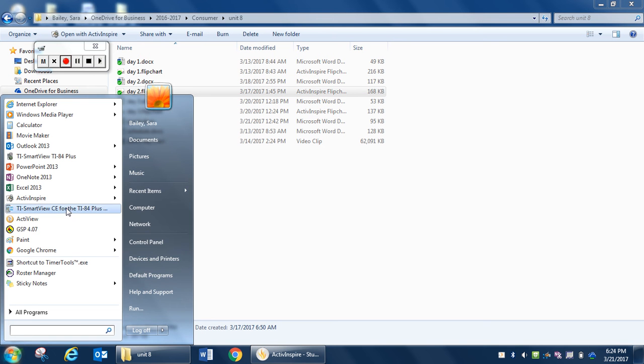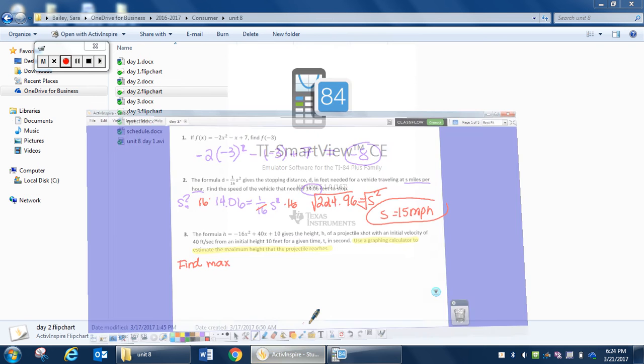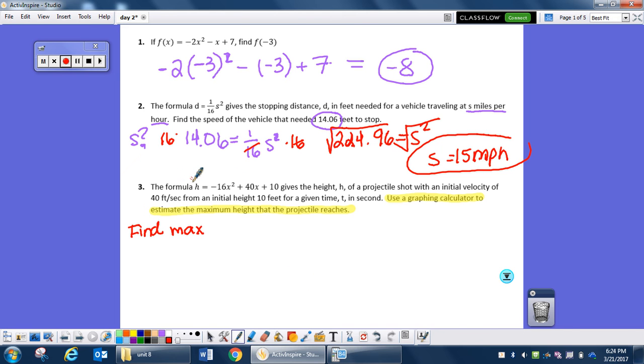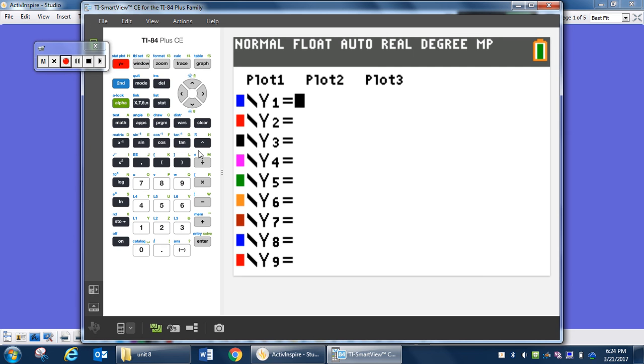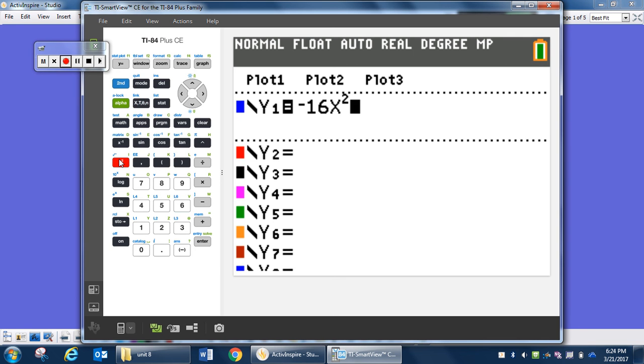Oh, I must have exited it out. You're going to go to your calculator, you're going to key the formula into the y equals. Okay, so we go to y equals, and it's -16, and our t's can just be the x's.